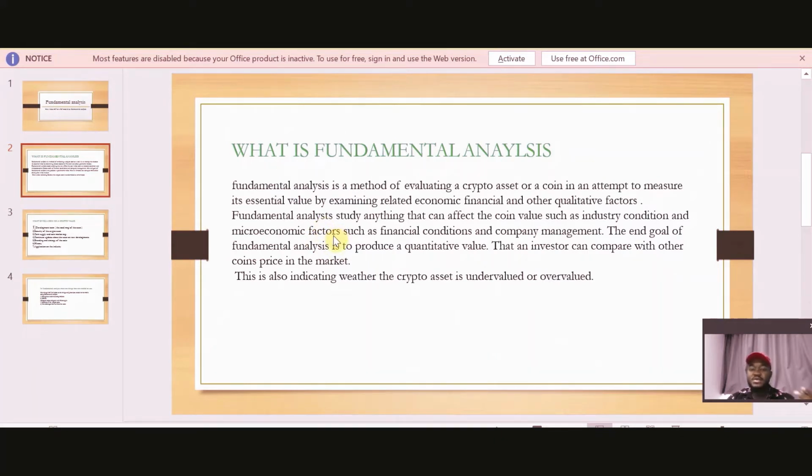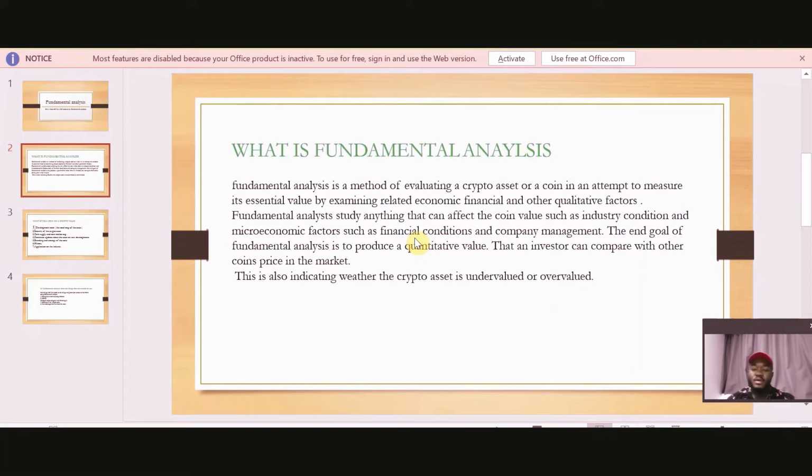Fundamental analysis studies anything that can affect the coin value, such as industry conditions and microeconomic factors, such as financial conditions, company management. The end goal of a fundamental analysis is to produce a qualitative value that an investor can compare with other coins' price in the market.